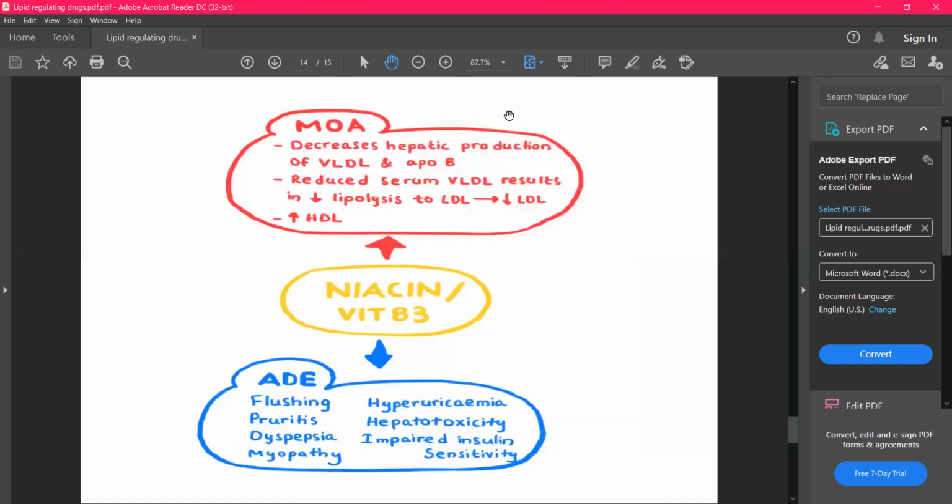Next would be niacin. The usage of niacin has reduced a lot these days, but it's important to know that it's the most effective drug to increase HDL cholesterol levels. And it can also be combined with statins. At very high doses, it can inhibit lipolysis in adipose tissue.